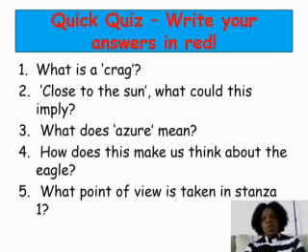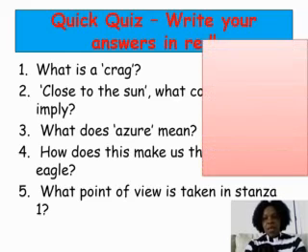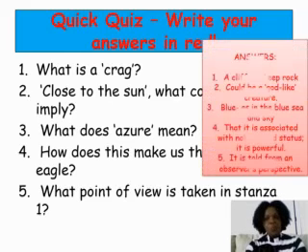All the clues for these answers are in this tutorial, right? So please write your answers down and let me know what your answers are in the comments below. Definitely, you know I love hearing from you.